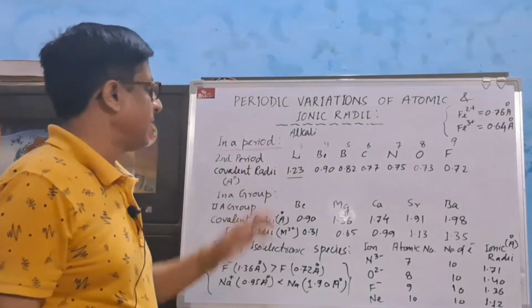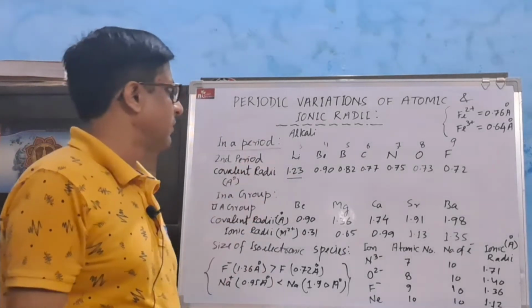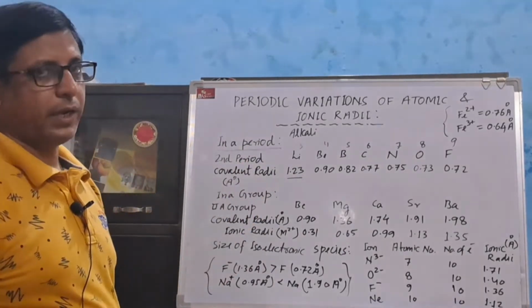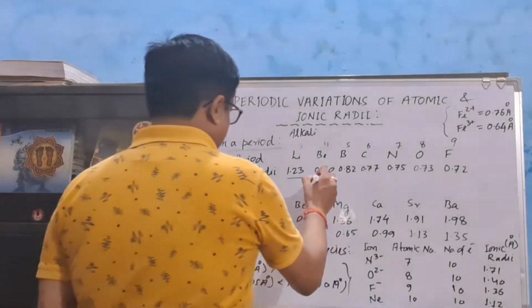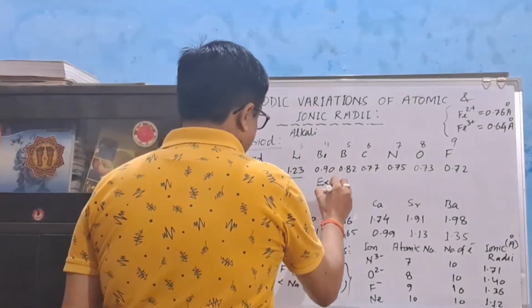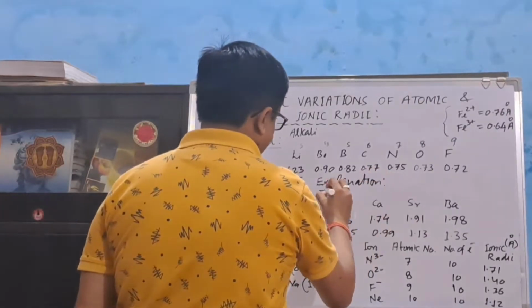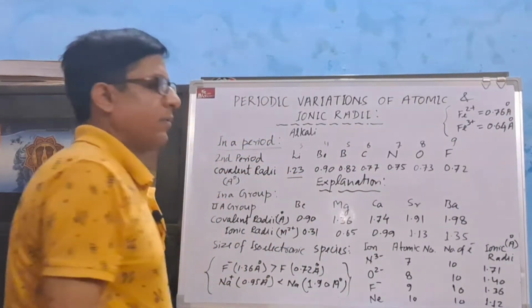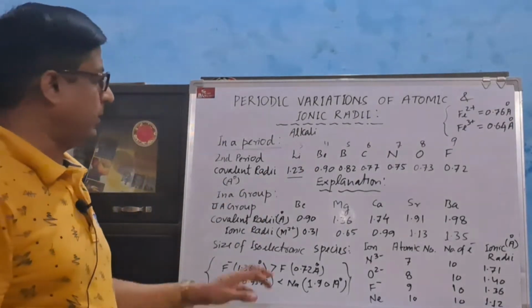Therefore, we can say that in a period, the size decreases from alkali elements to halogens. Now, how can we explain this variation? How can we give the explanation of variation of these covalent radii?